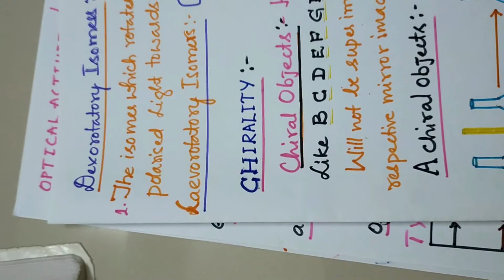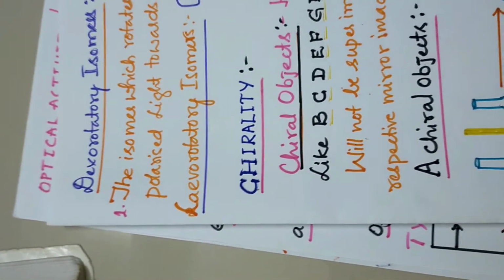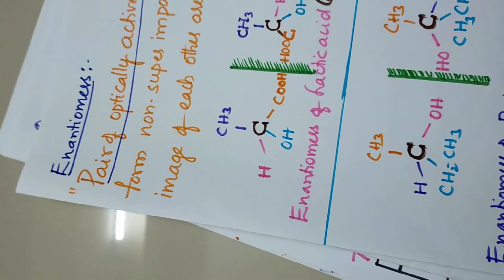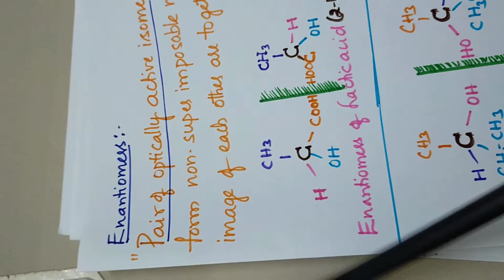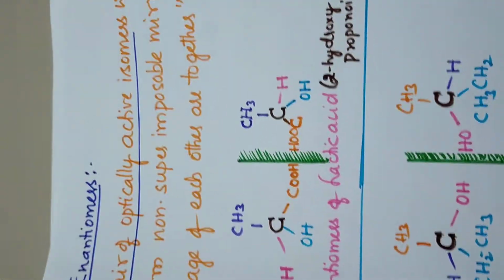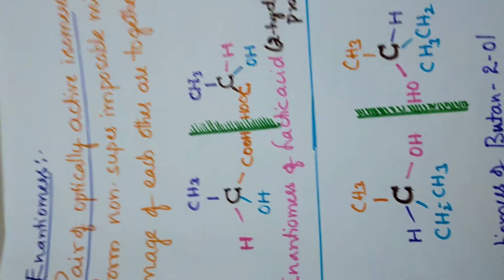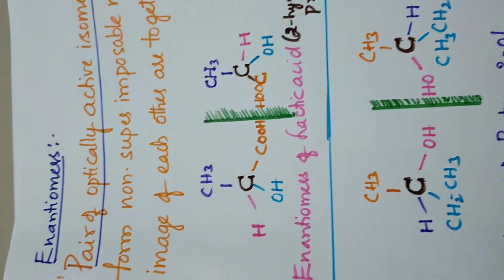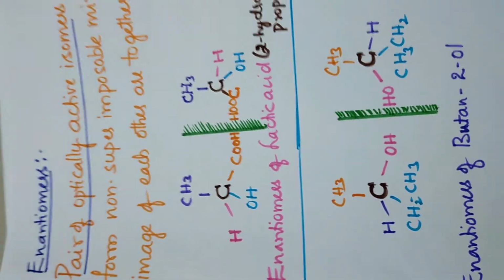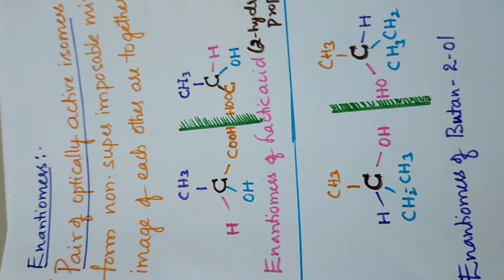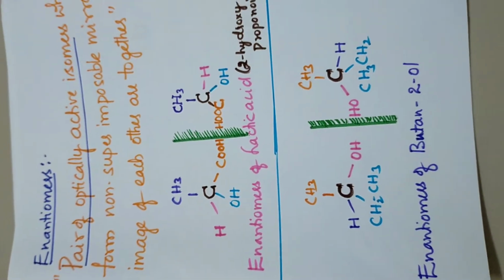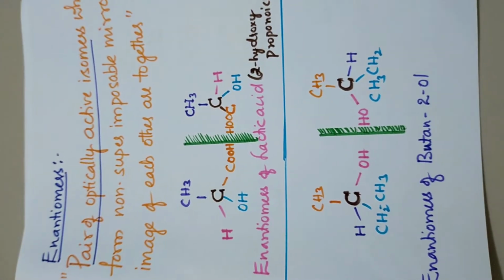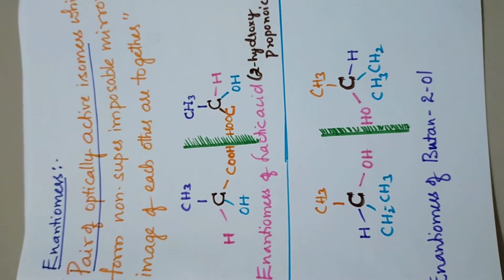The next topic is enantiomers and diastereomers. First I go for enantiomers. Here also the same type of thing: mirror images, but one property deviates slightly. So, a pair of optical isomers.